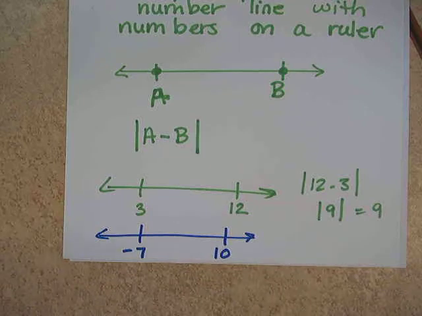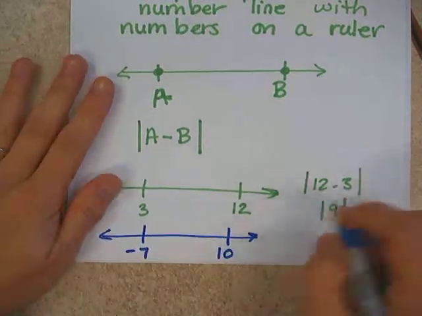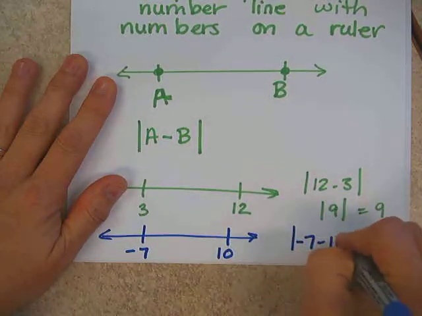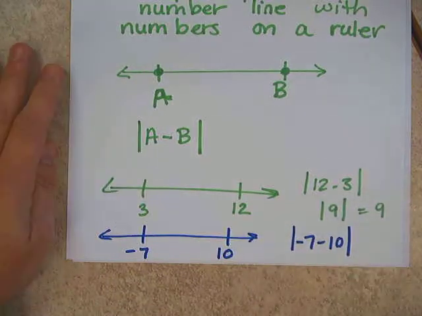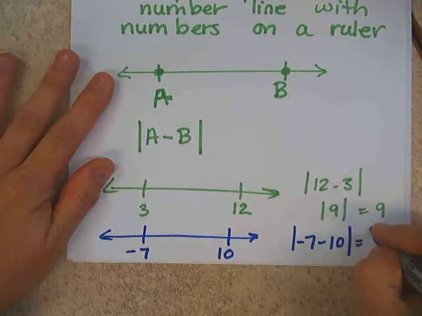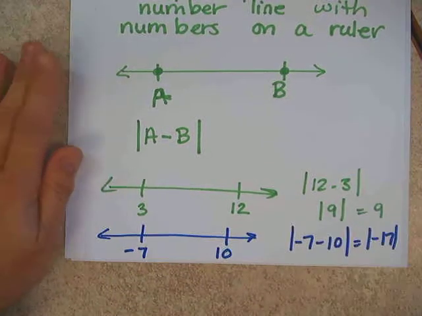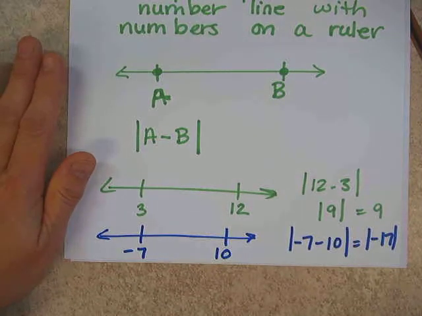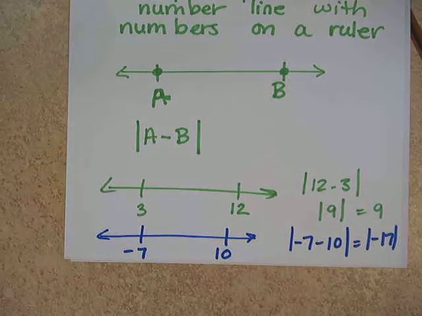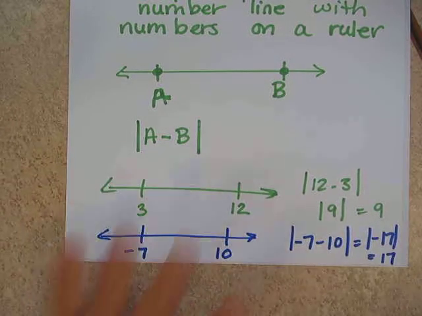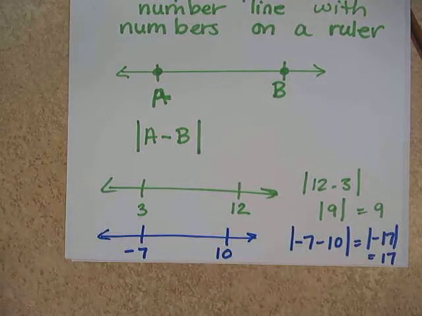So you don't just add 10 to -7, although that would be convenient. We would have to do either 10 minus -7 or -7 minus 10, whichever you prefer. If I did -7 minus 10, then I would end up with the absolute value of -17, which would give me a length for that segment of 17. Okay, so that is using the ruler postulate.